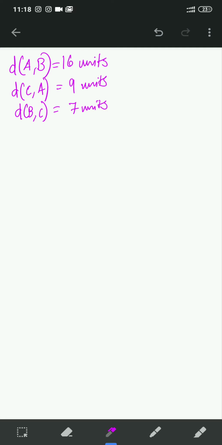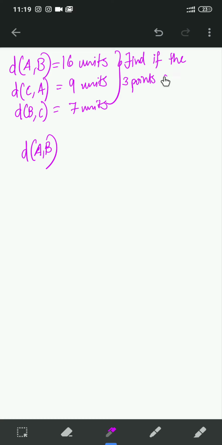Now let's try to find out first whether they are collinear, and then we can talk about betweenness. So the first step: identify the largest distance, that is 16 units, the distance AB. By the way, I forgot to write: find if the 3 points are collinear.